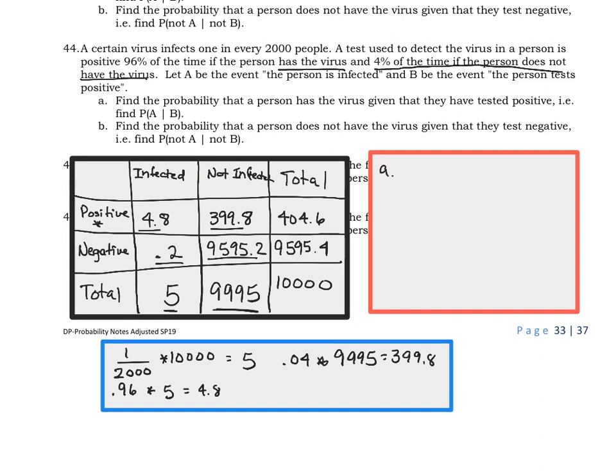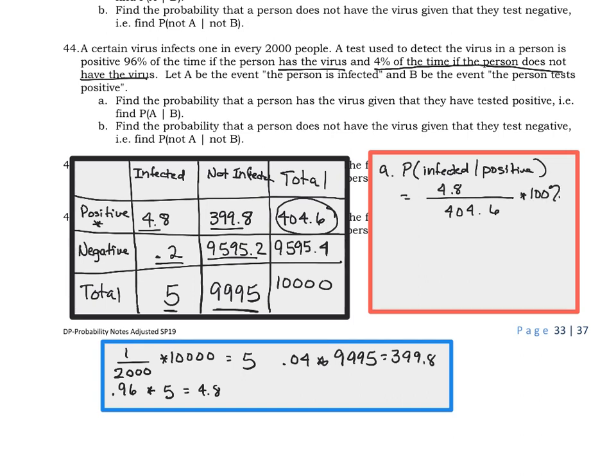A, find the probability that the person has the virus. So we'll say that they're infected, they have the virus, given they tested positive. So this is a conditional probability, so it changes our total number of outcomes. It will no longer be 10,000, but it will be 404 6/10. And of these 404 6/10, 4 8/10 were infected.